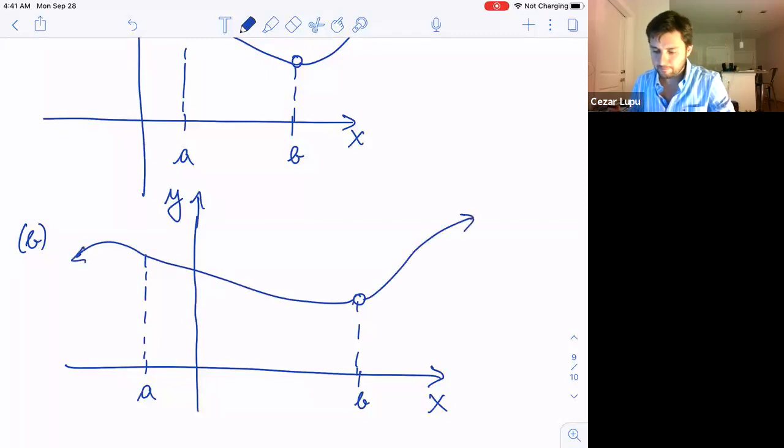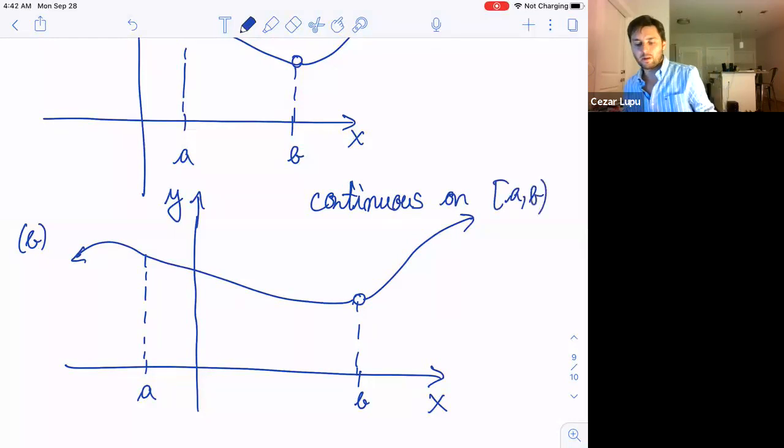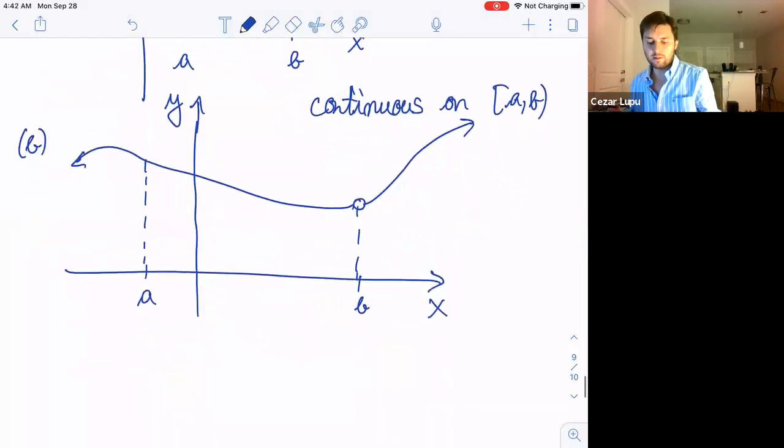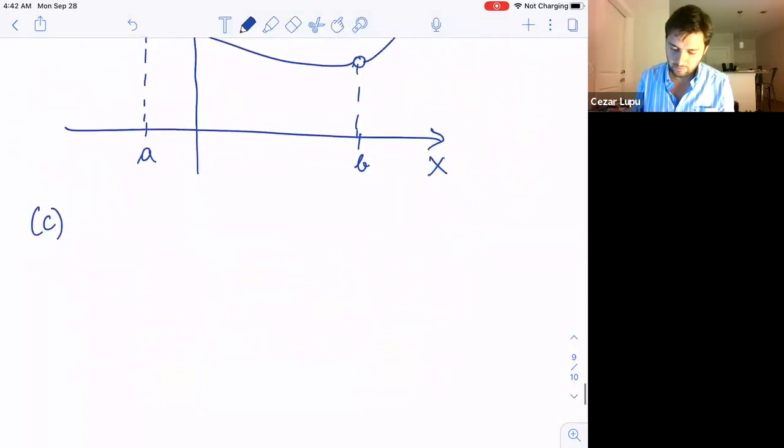This is the graph of f. As you can see, I have a hole at B, so it's not continuous at the point B, so it will be continuous on the interval closed at A, open at B. And now let's see some, so we have two scenarios left.